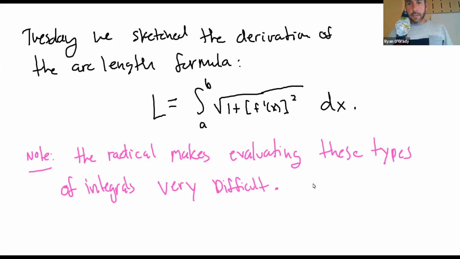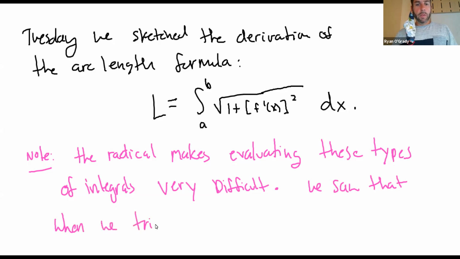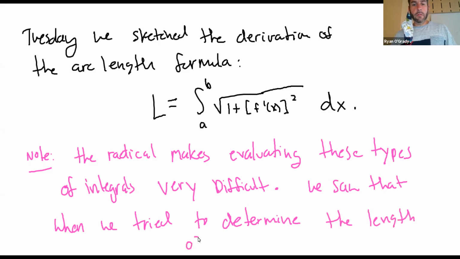So we saw that yesterday, in particular when we tried to determine L, the length of y equals the square root of x on [0, 1]. So we ran into some problems.